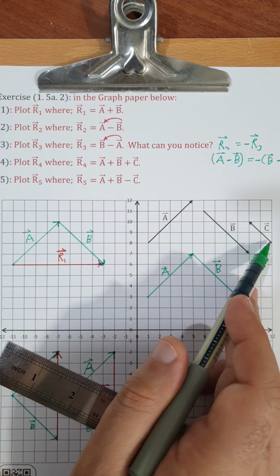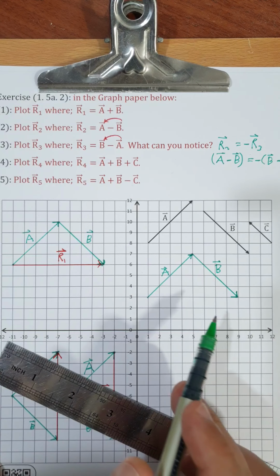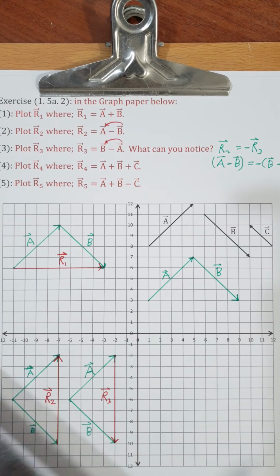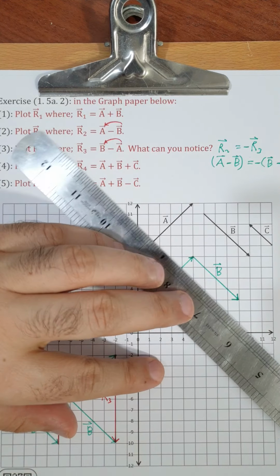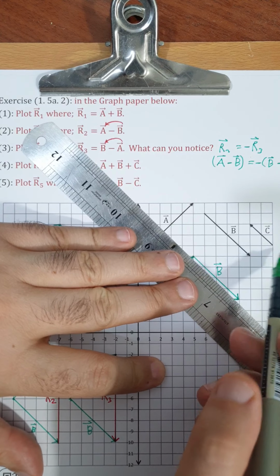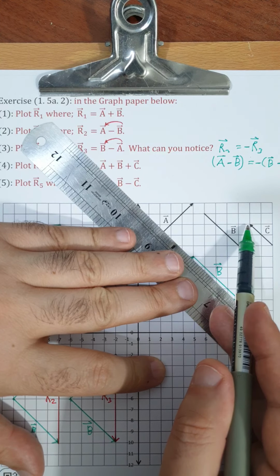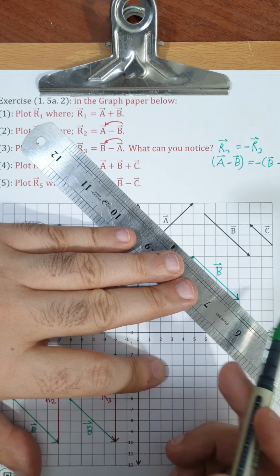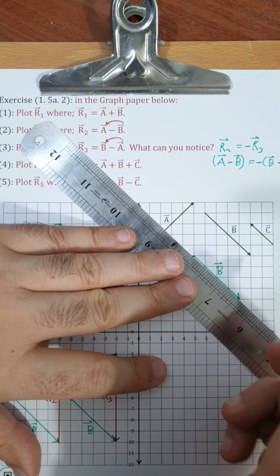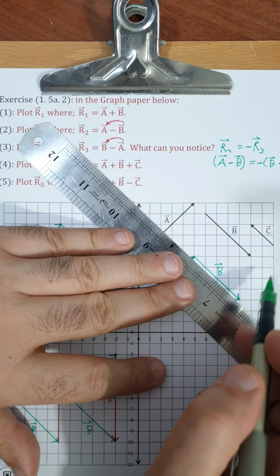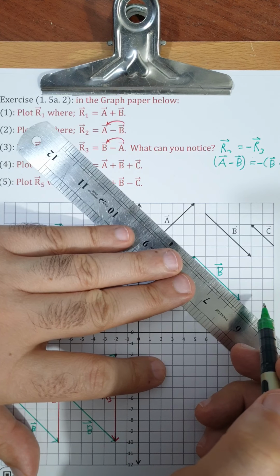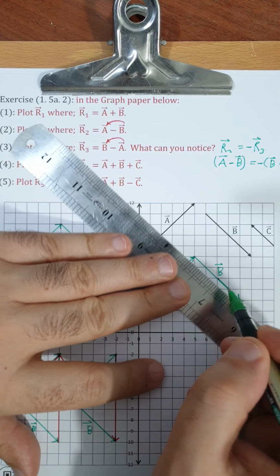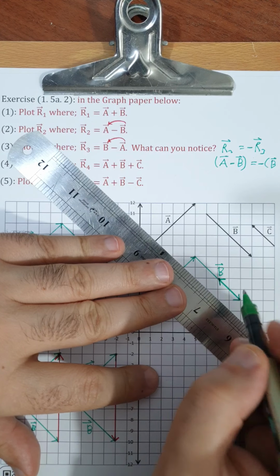C is going in the opposite direction of B. So it is going from the tail of B in the opposite direction. Yes, this is how we draw C because it has 2 units on X and 2 units on Y and goes in the northwest direction, and B goes in the southeast direction. So they are opposite. So we draw C from the head of B. This is C.